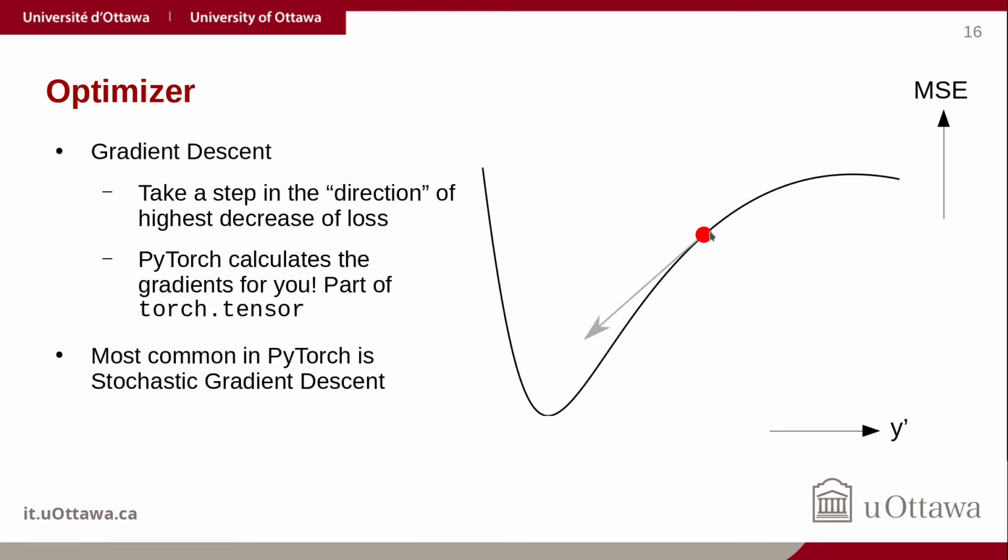So here the gradient is about 1, I guess. So you want to take a step in the negative direction. So you take one step, -1, that gets you on the plot here. And then you do the same thing again.